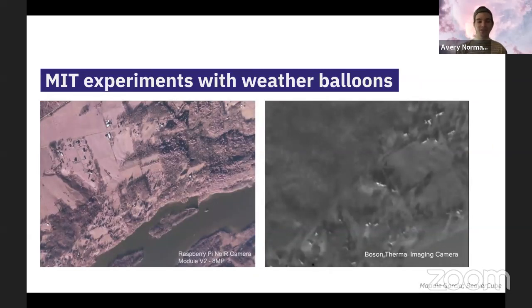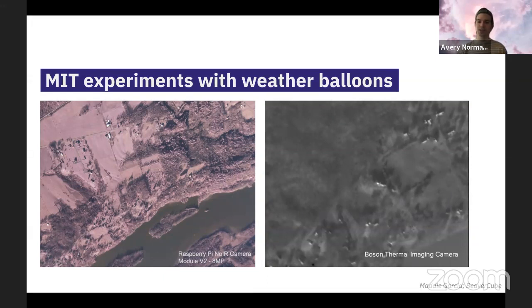Here at MIT, we've also done some experiments with weather balloons. This is a project that is a partnership between something called BeaverCube, in which a class of MIT undergraduates are building a CubeSat that has a NASA-confirmed launch, excitingly, and a partnership with the Media Lab Space Initiative. And so they were using weather balloons specifically to test out different cameras to see which one would be optimal to put on their CubeSat.